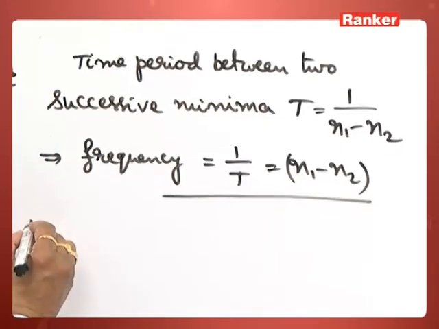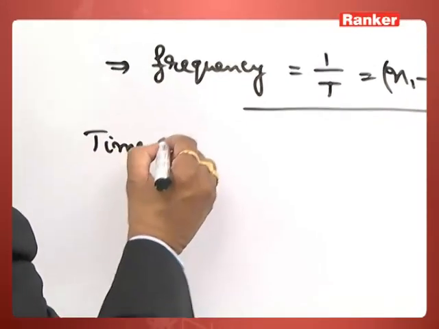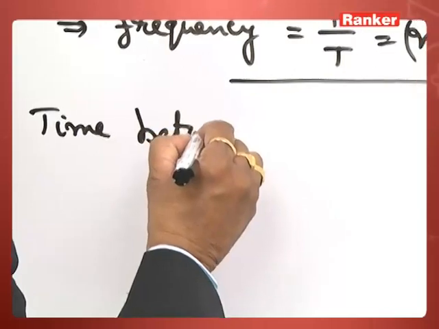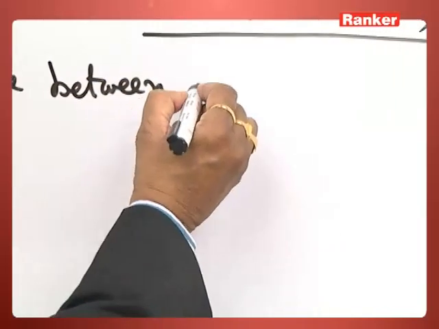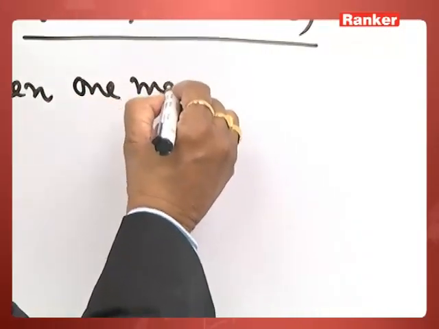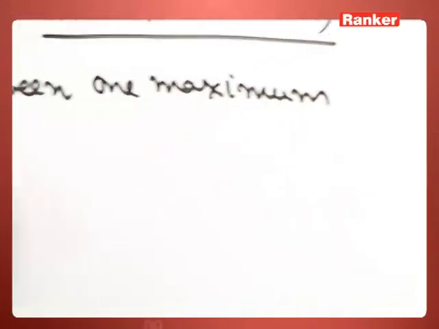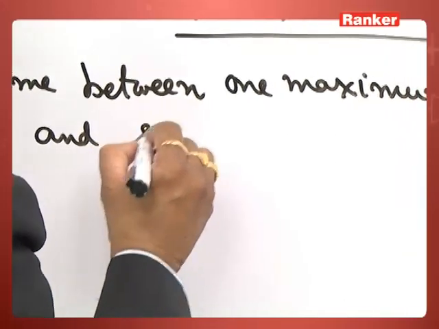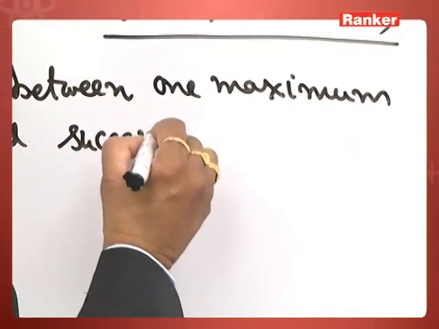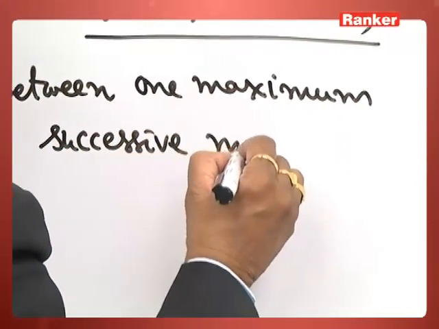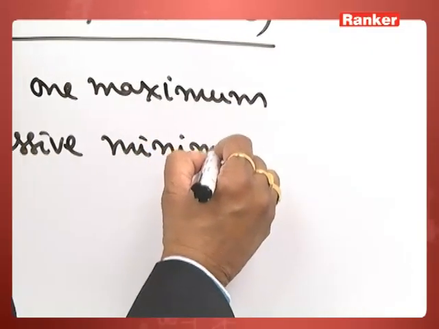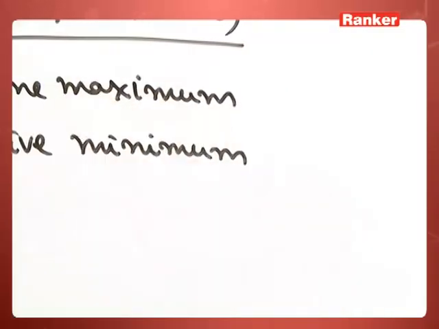So what would be the time lag between one maximum and the successive minimum? Sometimes they call it the immediate minimum.